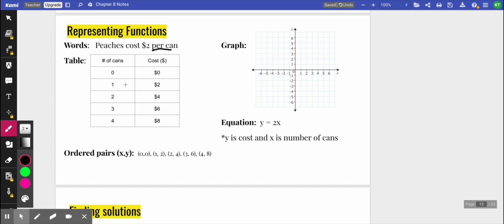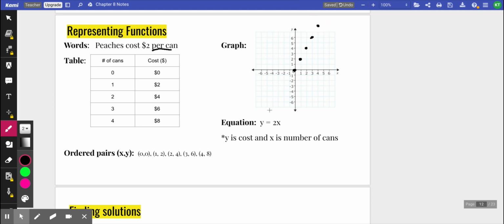I can represent this table in ordered pairs, and that'll allow me to graph this situation. I can plot 0, 0. 1 can would cost $2. 2 cans would cost $4. 3 cans would cost $6. 4 cans, we're kind of running out of room, would cost $8, and so on.